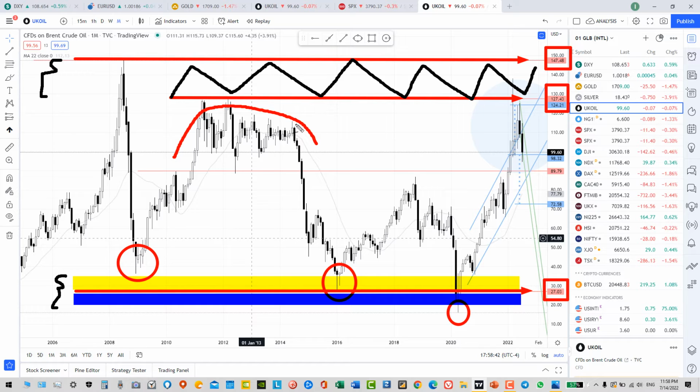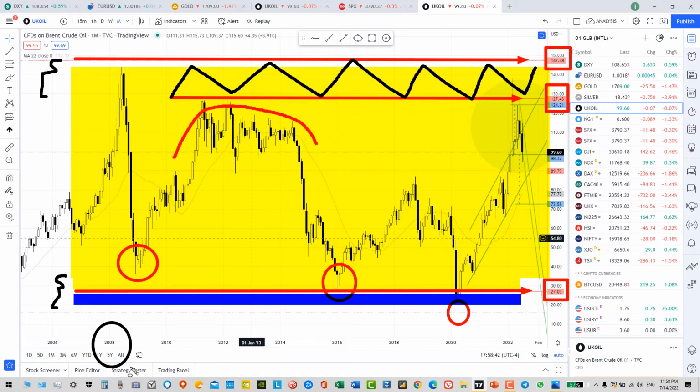Okay, this was an introduction just to tell you that the oil is moving in a giant trading range for approximately 14 years, since the financial crisis in 2008. Here are 10 years through 2018, and now we are almost at half of 2022, so it's approximately 14 and on the way to making it 15 years of a trading range.